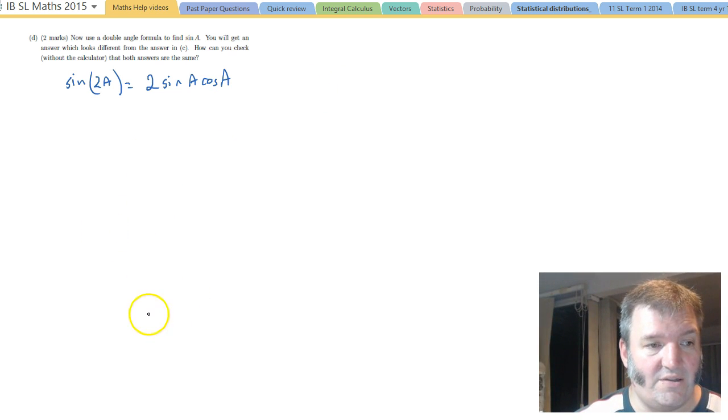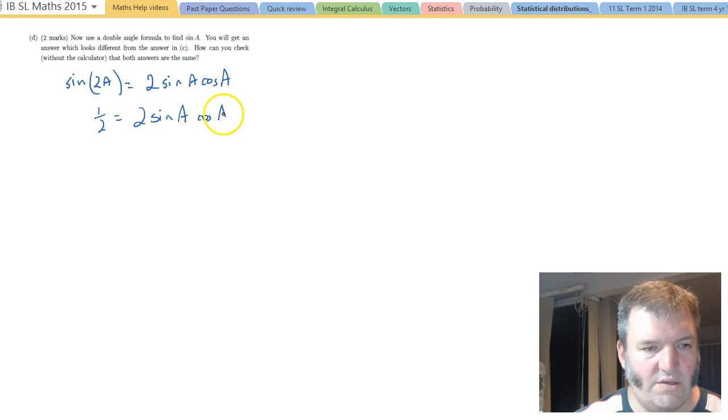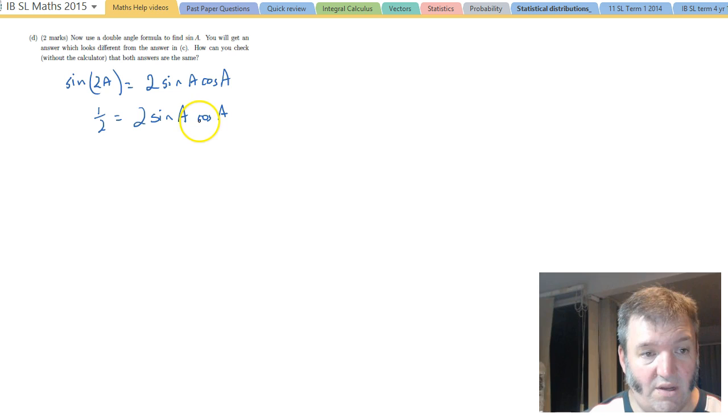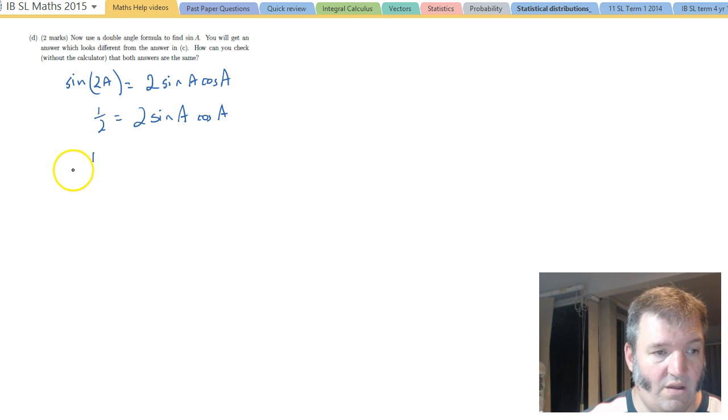Now I can replace sine of 2A with 1/2, so this is 1/2 equals 2 sine A cosine A. So I'm going to divide by 2 cosine A. So I'm going to have 1 over 4 cosine A is equal to sine A.